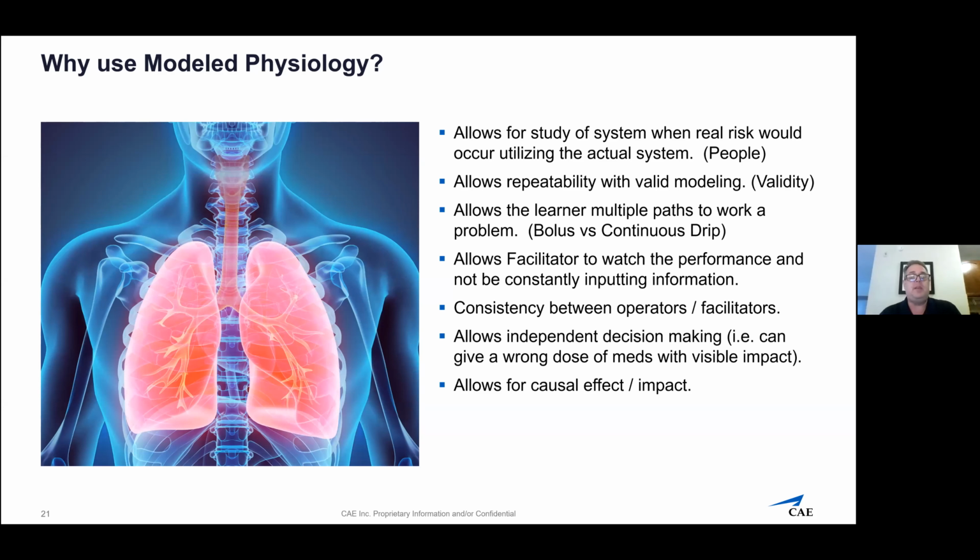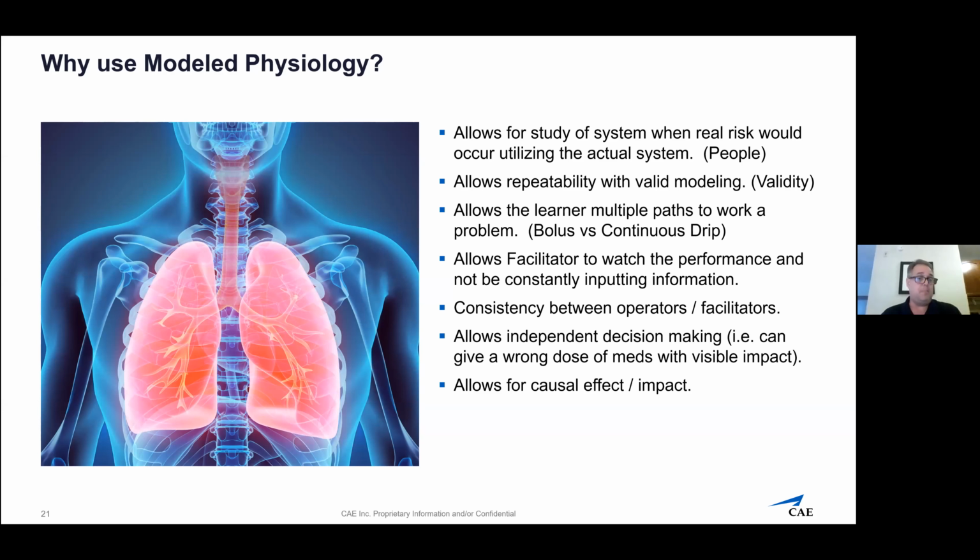It also allows repeatability and validity, because I think probably everybody on this call has done a simulation where they're pulling the information basically from their clinical experience. They're throwing numbers and vital signs out there based on that experience. Well, it's hard to have repeatability and validity with that from one instructor to another.